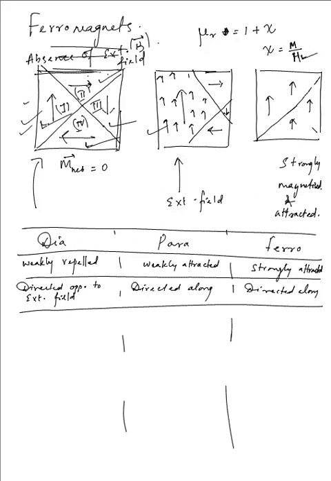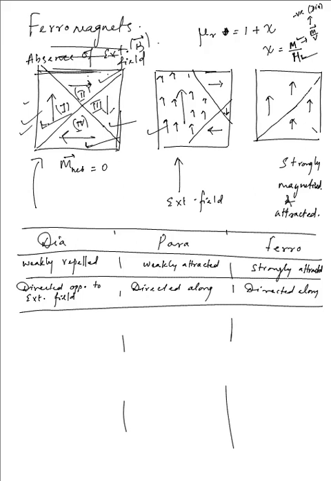Then the magnetization, in the case of a diamagnet, is simply the magnetic dipole moment per unit volume. Now, the magnetic dipole moment in the case of diamagnets is directed in the opposite sense, and as a result, considering the vector, this term becomes negative as compared to the external field in the case of dia.